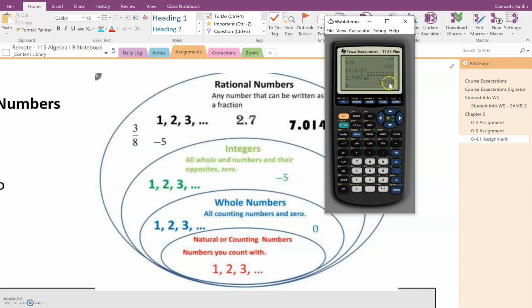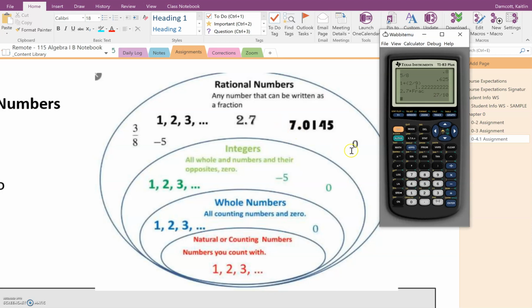So we could see that as 27 over 10. Same idea, like if you wanted to turn 7.0145, math, enter. It's 14,029 over 2,000. Another way to think about these things, I was able to turn them into fractions because that's how they're defining the rational numbers.